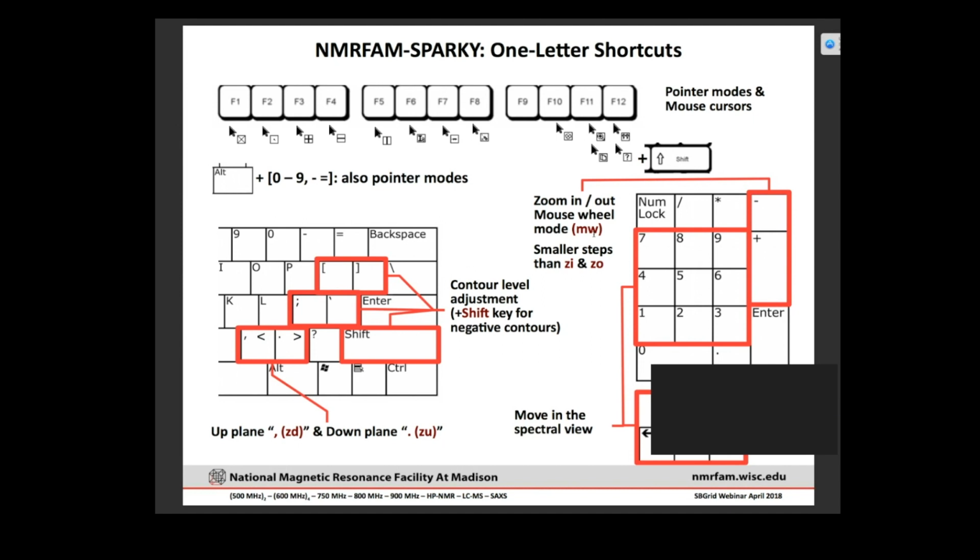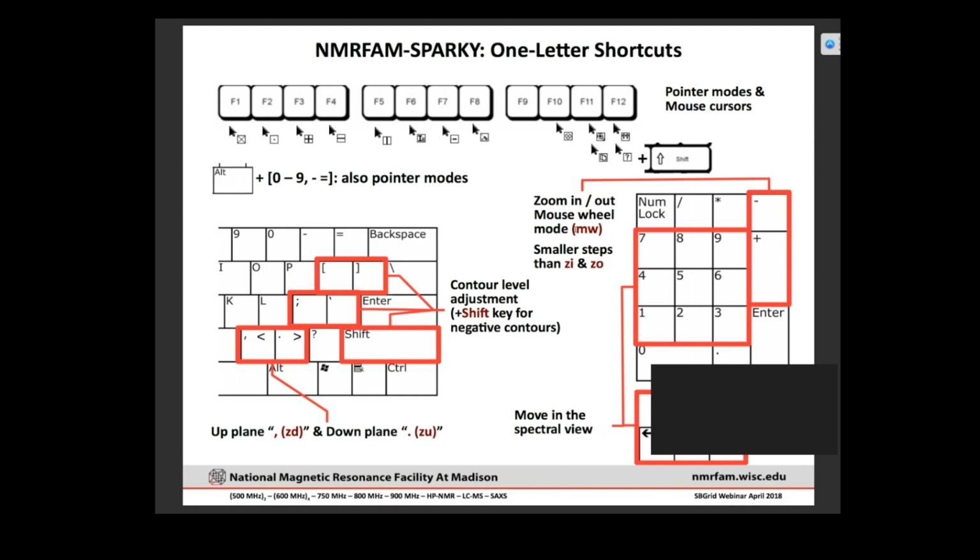So by default, the Mac version of NMRFAM-Sparky disables this mouse wheel mode. But if you use your own mouse with a very delicate mouse wheel, then you can use this mouse wheel mode by typing MW.